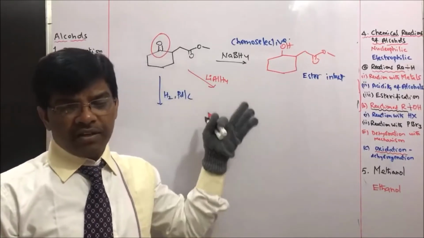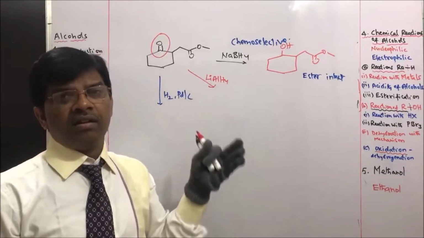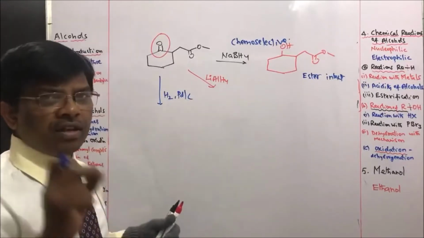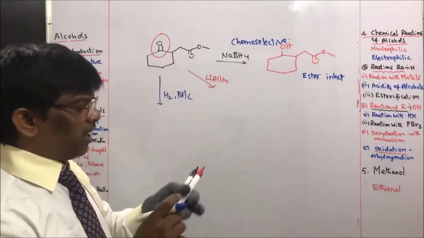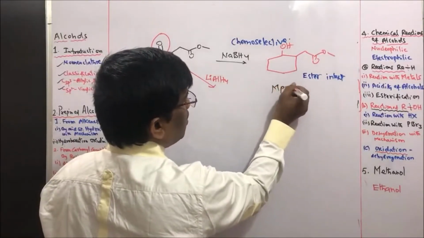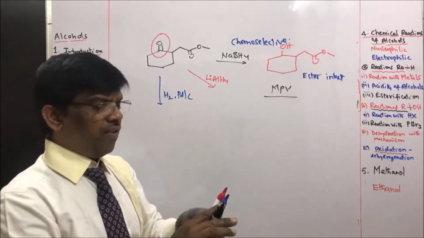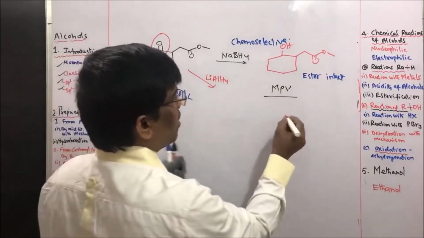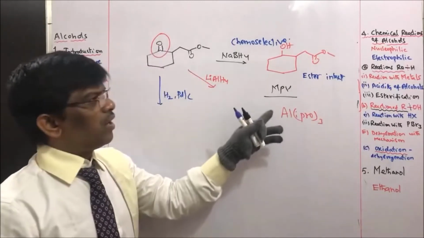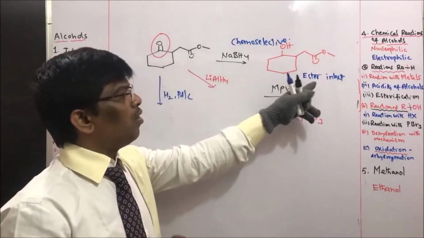Yes, I have explained it during name reactions. What is the name? If you know, write it down in the chat box. Let me see. The chemoselective reduction of carbonyl compounds is the MPV reduction, Meerwein-Ponndorf-Verley reduction, where the use of aluminium isopropoxide reduces carbonyl compounds chemoselectively to alcohol.